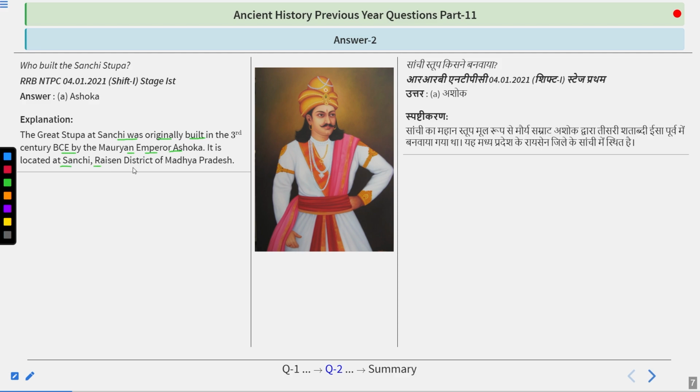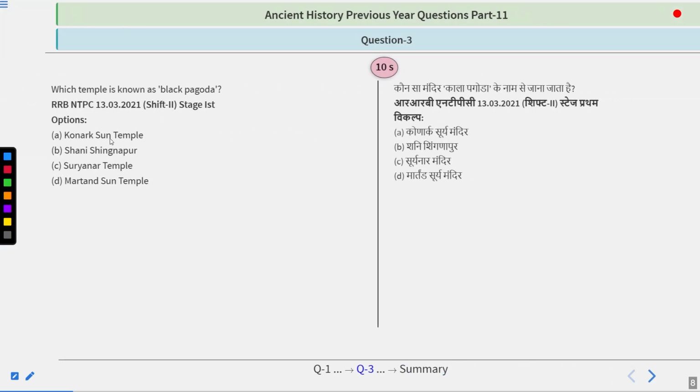It is located in Sanchi, Raisen district of Madhya Pradesh. A stupa is related to Buddhism. It is the place where the relics or remains of Gautam Buddha were buried, and over the top of that a dome structure has been built. That is called a stupa. So stupa is related to Buddhism. Remember that.